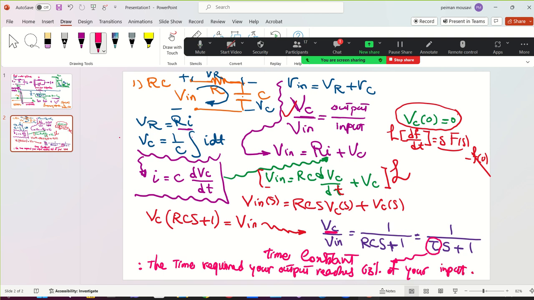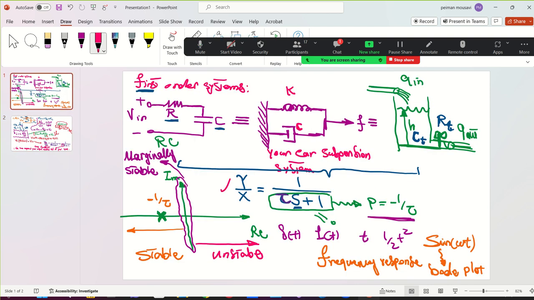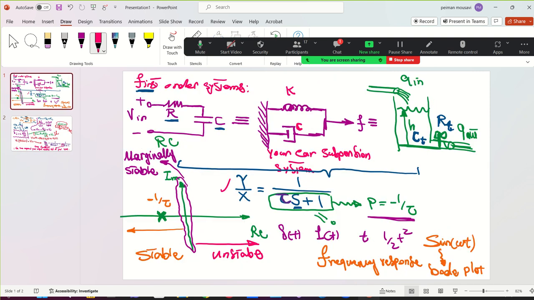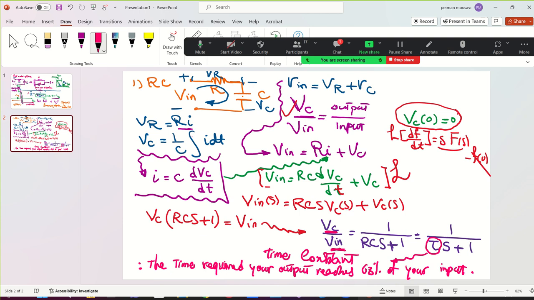This is technical definition, Vin. Time constant. I'm going to show you by Simulink, by math. So we showed that for the RC circuit, this is valid. First order system, which is stable because you have one pole in the left hand side. Here we go.